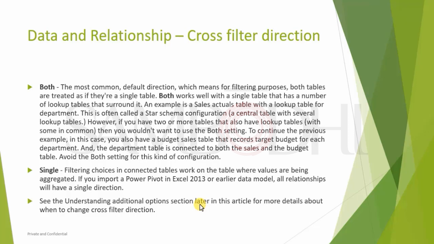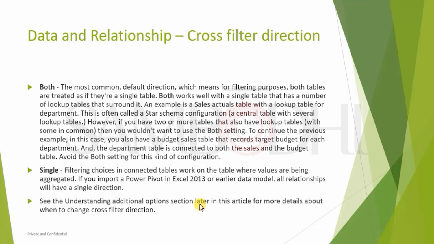To continue the previous example, in this case, you have a budget sales table that records target budget for each department. It's more like a target of sales, and the department table is connected to both the sales and the budget table. Avoid the both settings for this kind of configuration. Because sales is in the middle, the ideal way of doing it would be starting for every budgeted department.